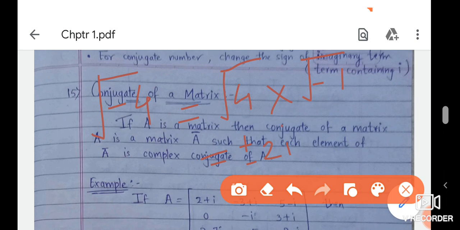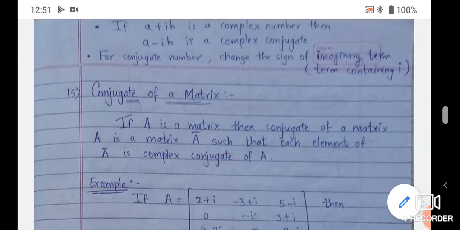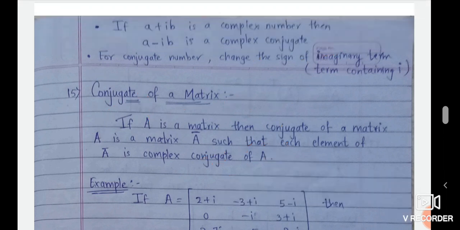So this 2i is your complex number, and the term containing i is your imaginary number. Usually we find the conjugate of a complex number only. If your number is a real number, then its conjugate is the same. Like if your number is minus 4, its conjugate is minus 4 only.